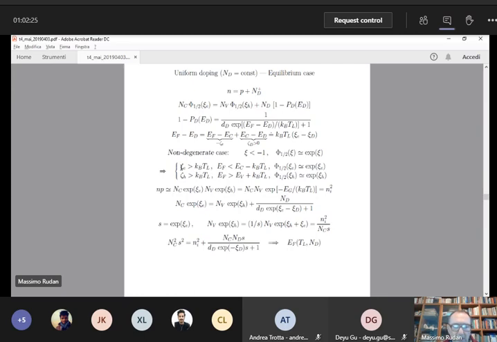So Ze larger than kT indicates that the Fermi level is below Ec by at least 1 kT. Okay, so Ef must be below Ec by at least 1 kT.